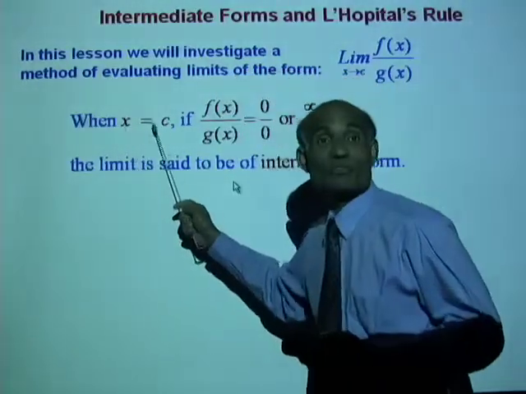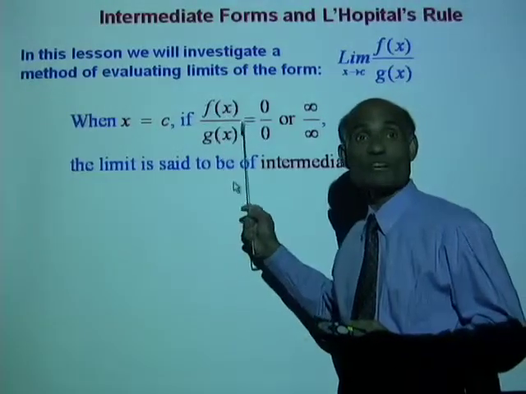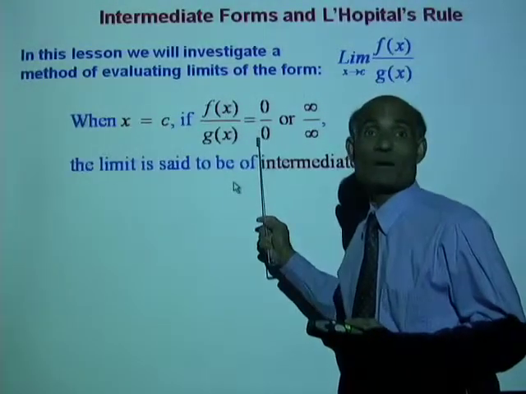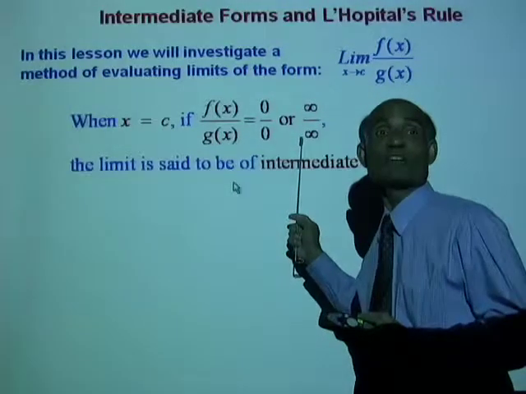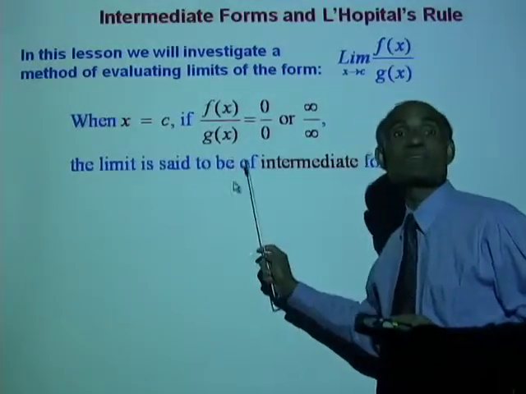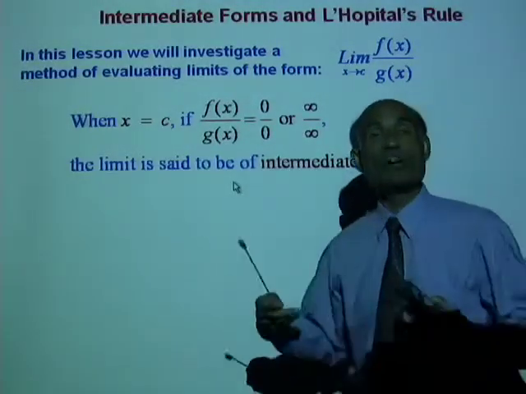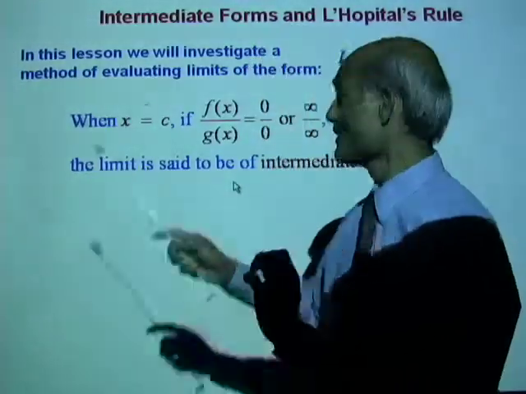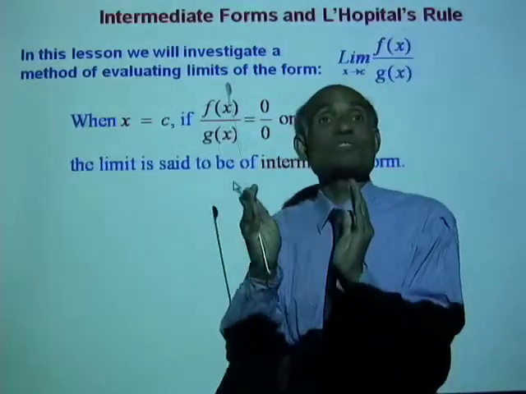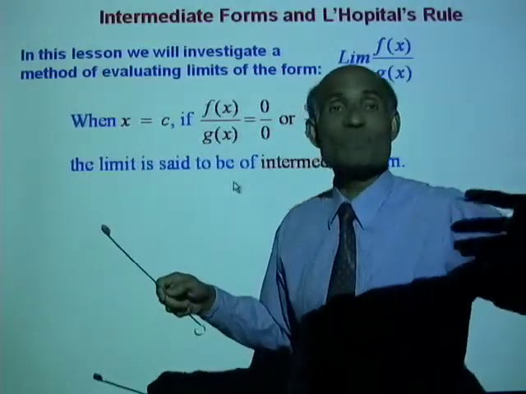So when x equals c, if f of x divided by g of x is 0 divided by 0 or infinity divided by infinity, then such a limit is said to be of indeterminate form. Indeterminate form means the evaluation of this limit is not complete by doing this. You've got to use another approach.